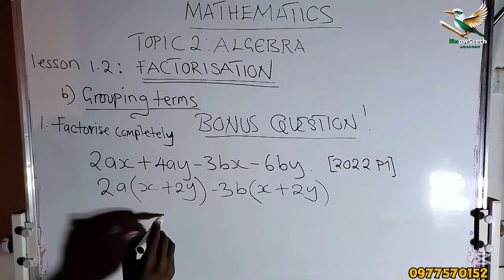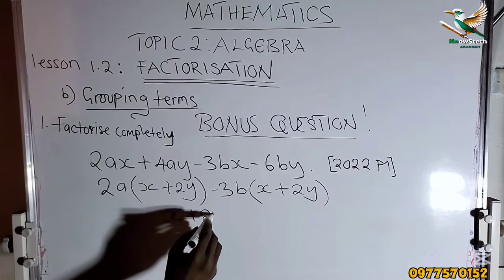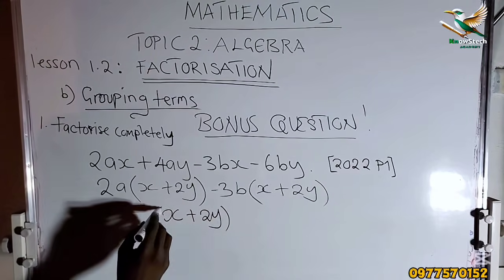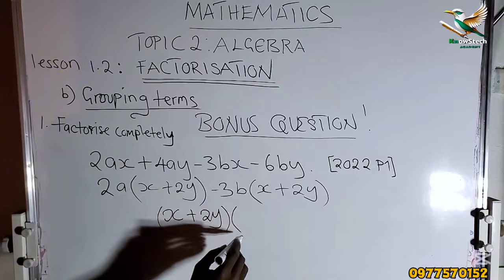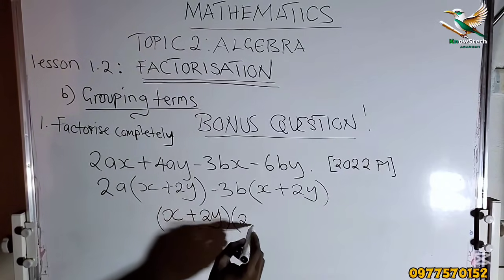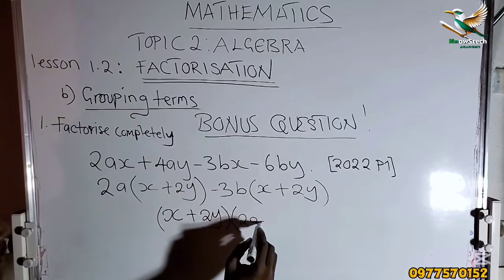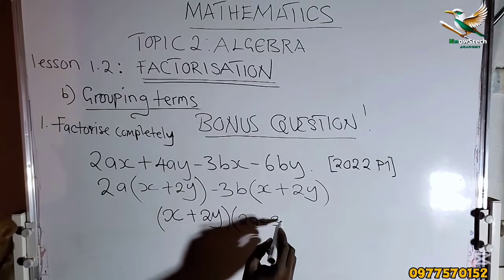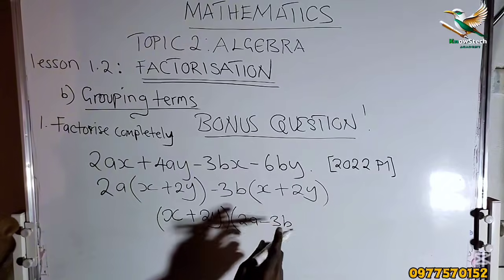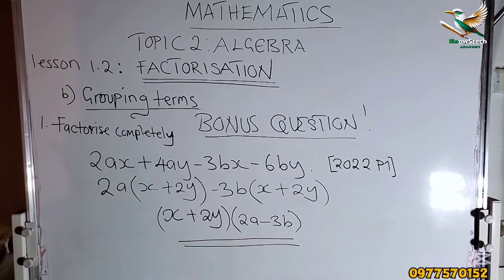X plus 2y is common, so just write x plus 2y in brackets. Don't forget that. Open bracket, then you write 2a, whatever is here, then this is minus, so minus 3b, the way it is, and this is the answer.